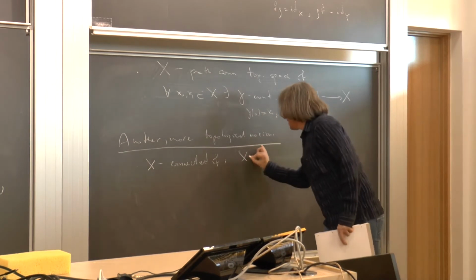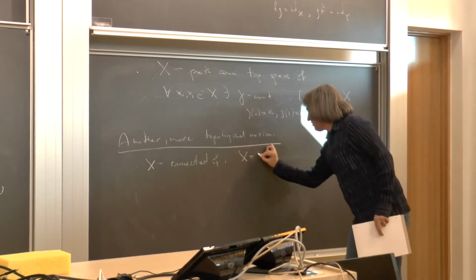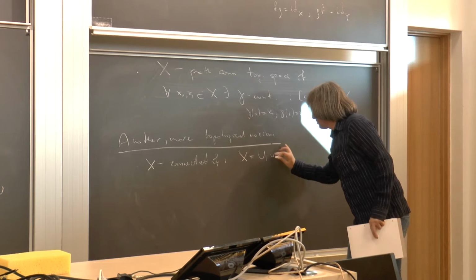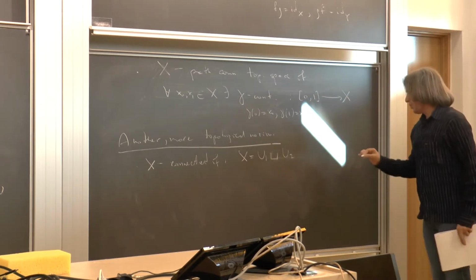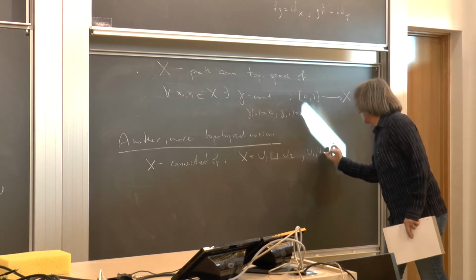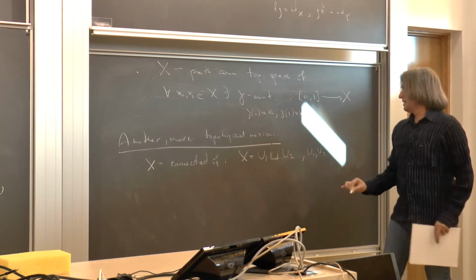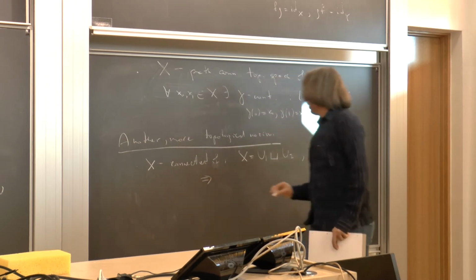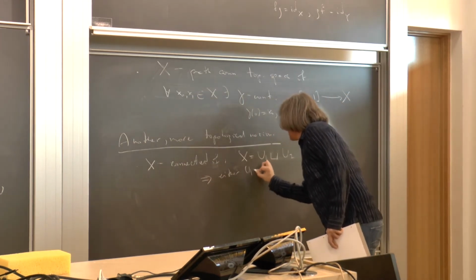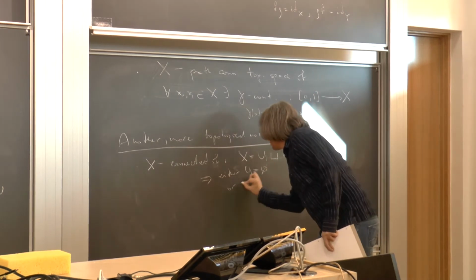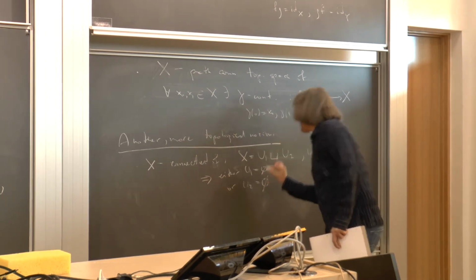Whenever X is a disjoint union of U1 and U2, both open, U1, U2 open, then either U1 is empty or U2 is empty.